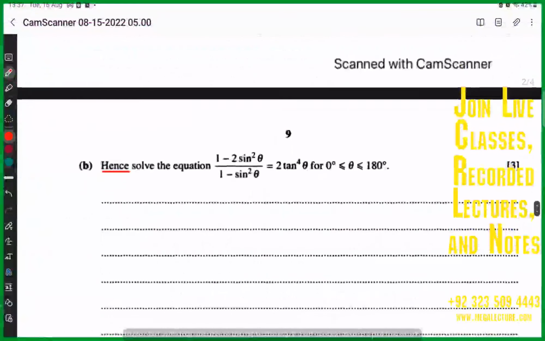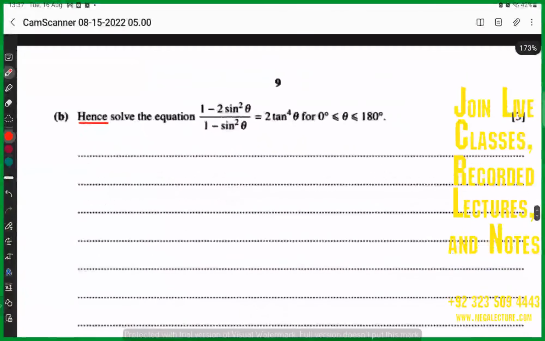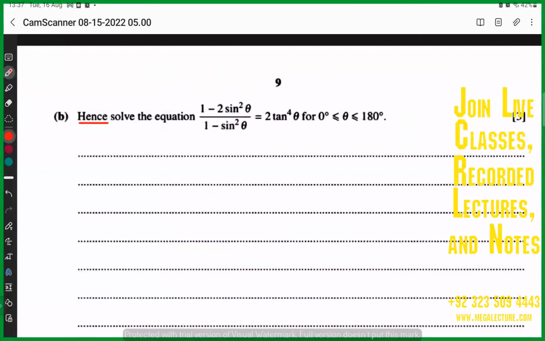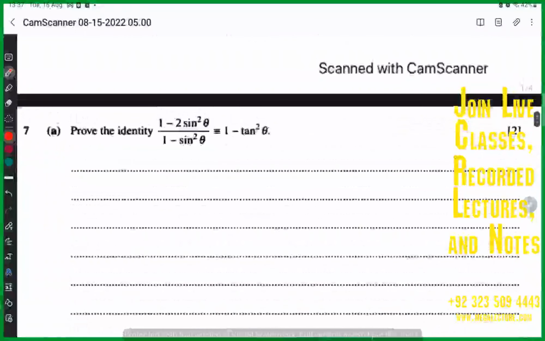Okay, it says solve the equation 1 minus 2 sine square theta divided by 1 minus sine square theta equals 2 tan to the power 4 theta. Okay, since it says hence, the only part where I can use the previous part is that instead of this 2 tan 4 theta, I can just write this part, right? Because this thing is equal to this thing.